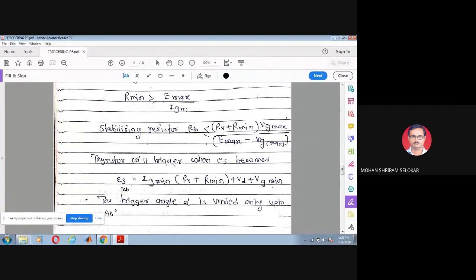So you can see my load voltage and the voltage across SCR are complementary to each other. Are you agree with this? I said load voltage and voltage across SCR are complementary to each other.